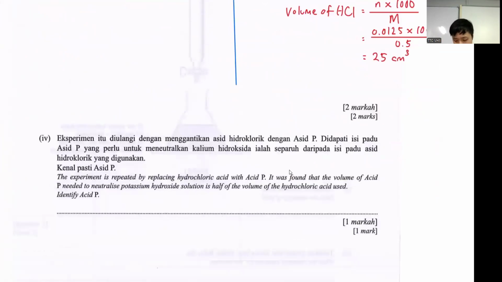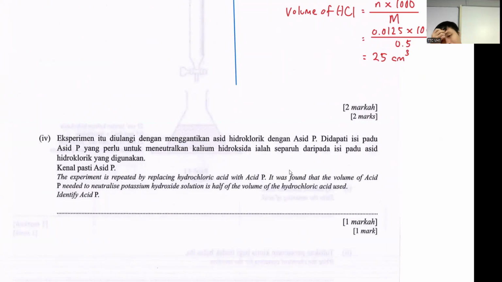The experiment is repeated by replacing hydrochloric acid with acid P. It was found that the volume of acid P needed to neutralize potassium hydroxide solution is half of the volume of hydrochloric acid used.